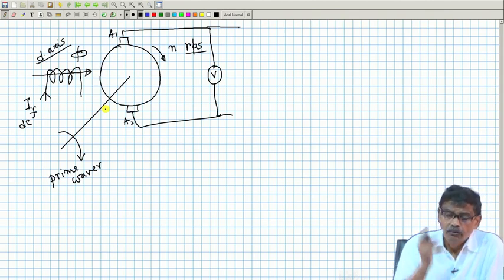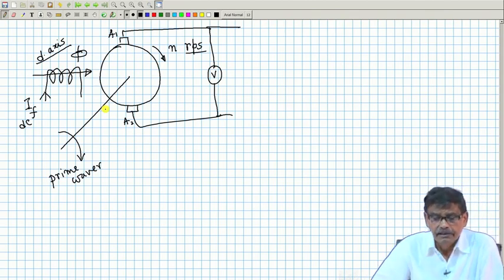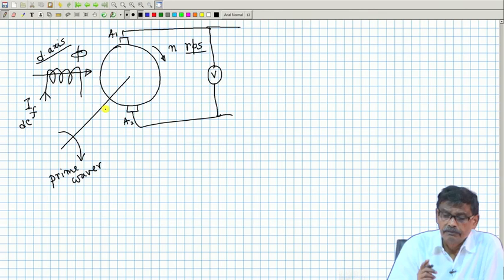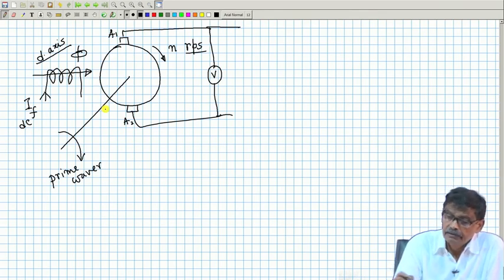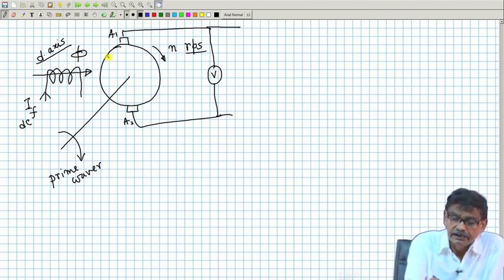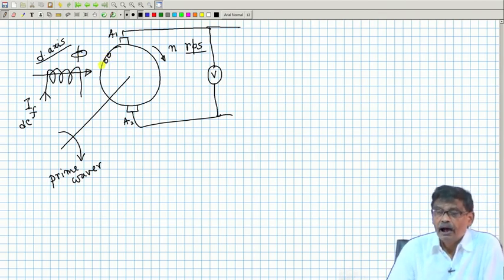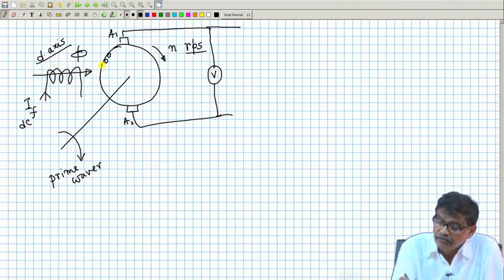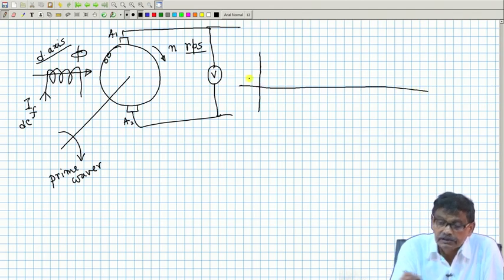Now, if the flux per pole is known, but I want to calculate the generated EMF, I told you that the flux density distribution will be somewhat trapezoidal, is it not? That is what I told.